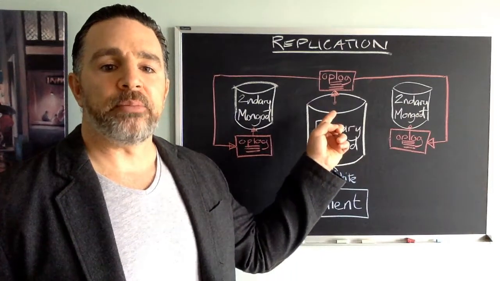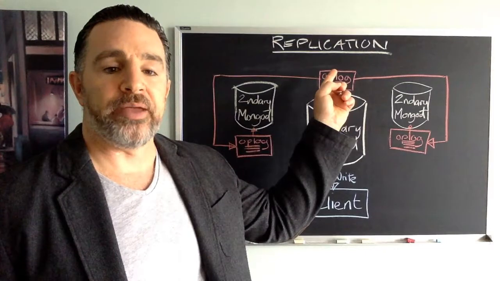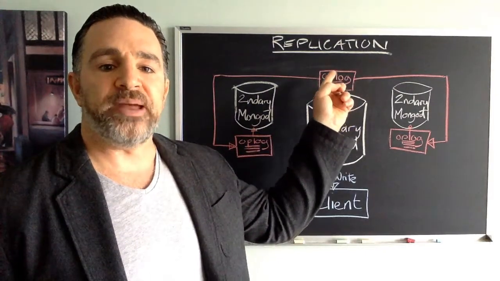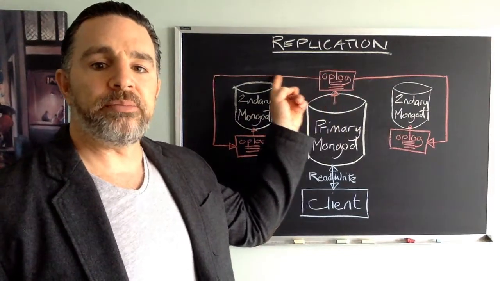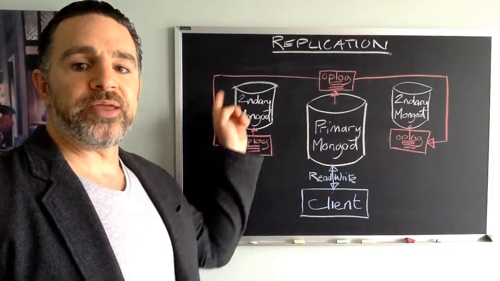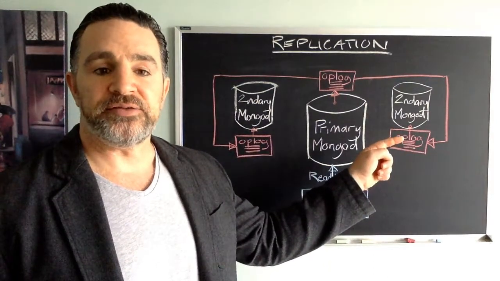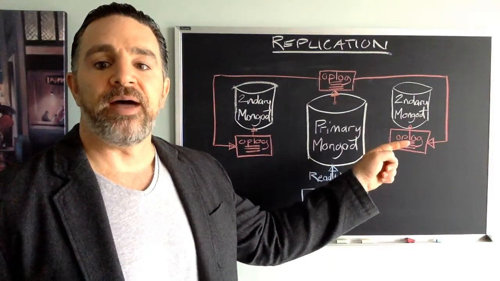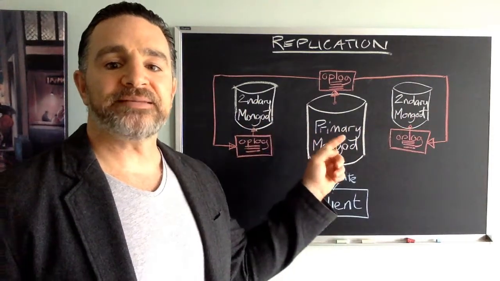Now, that primary database will then write to the op log, which is basically a list of transactions. Now this op log will then communicate out to the op logs for your secondary Mongo instances, and then these op logs will update and basically create exact replicas.